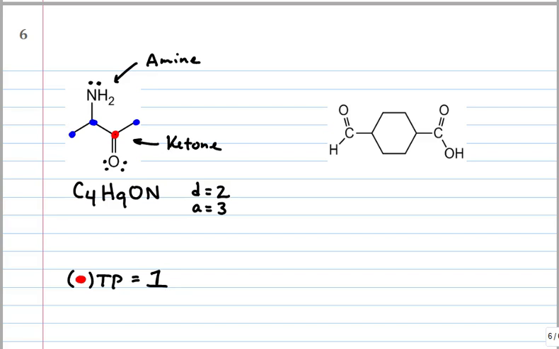Ladies and gentlemen, a carbonyl carbon is always trigonal planar. A carbonyl carbon is always trigonal planar. Just like all the carbons of carbon-carbon double bonds that we've seen, for the most part, are trigonal planar. Okay? Well, what's left? Well, you got all these blue dot carbons. What are these blue dot carbons?